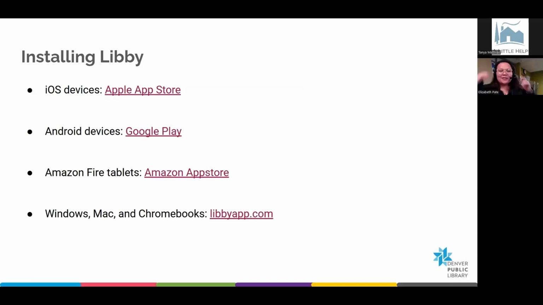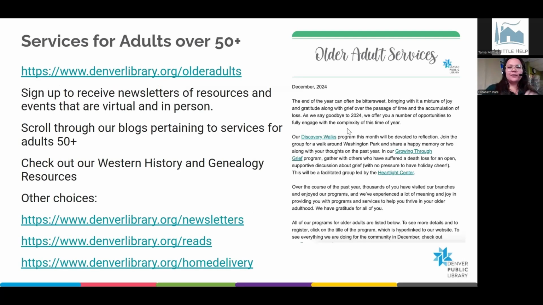Hello again, everybody. I'm actually going to quickly run through these just in case we have any Q&As we want to get to about Libby. So, one of the great things that we have with the Denver Public Library is a newsletter for older adults. So you can sign up for this and it'll go straight to your email and it'll have blogs, services, and different resources that are within there.